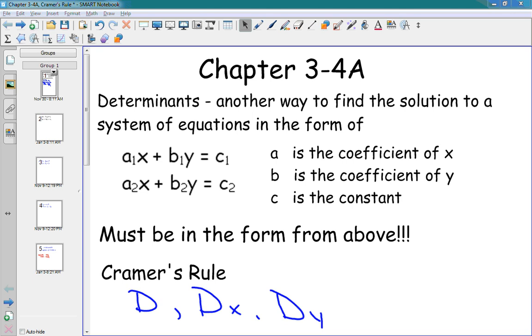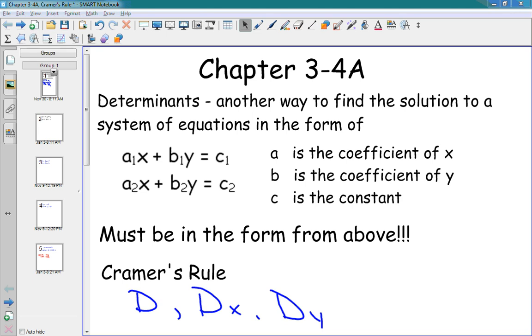Another way to find the solution to systems of equations. Just like with elimination, they have to line up exactly like this. The 1's indicate equation 1, the 2's indicate equation 2. So if I have A1, that means it's the coefficient of the x in equation 1. The C2 would indicate that it's the constant in equation 2. If I had C5, what equation would that be in?